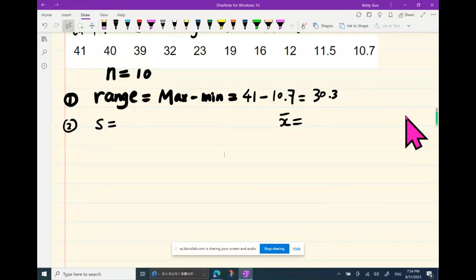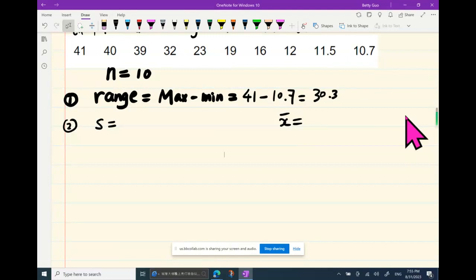41 plus 40 plus 39 plus 32 plus 23 plus 19 plus 16, 12, 11.5, 10.7.